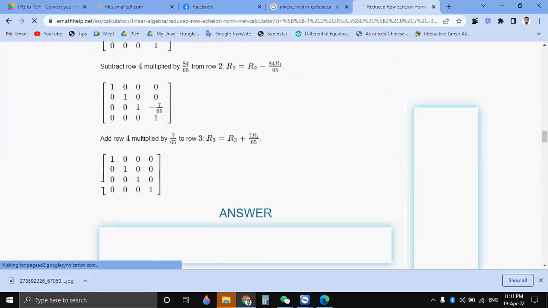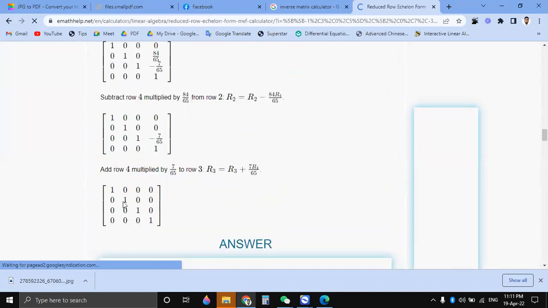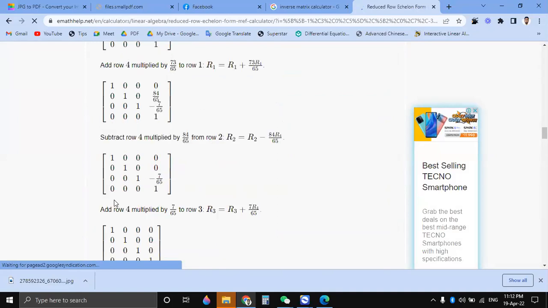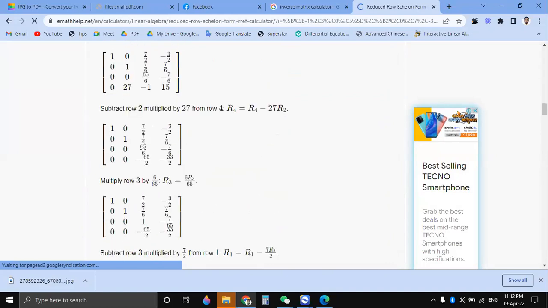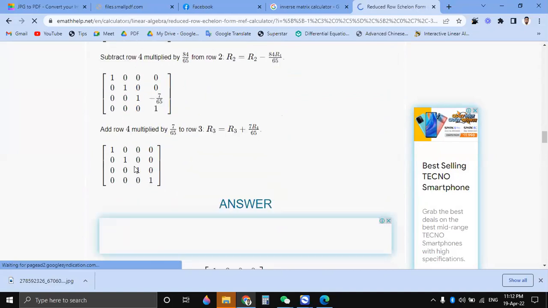So you see here, this is the RREF form, right? So it is a 4x4 identity matrix. Maybe we could get something else, but for this particular matrix, our solution is a 4x4 identity matrix.